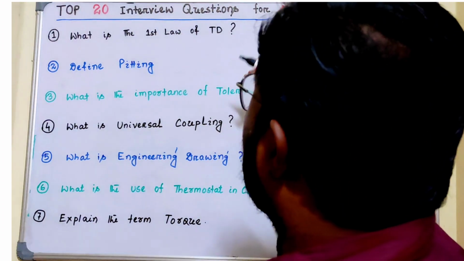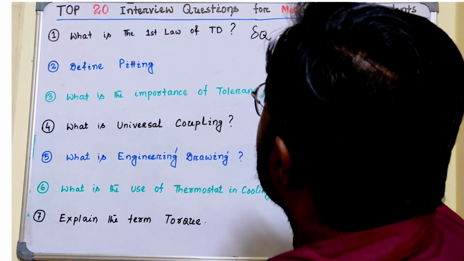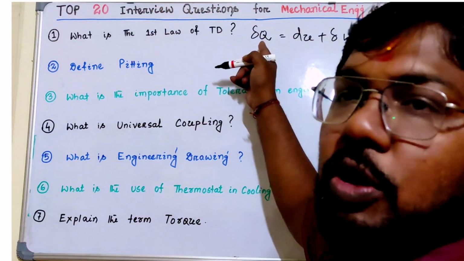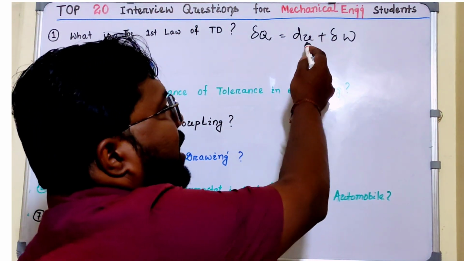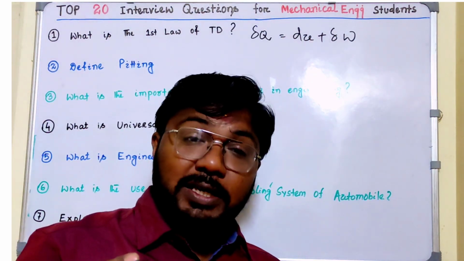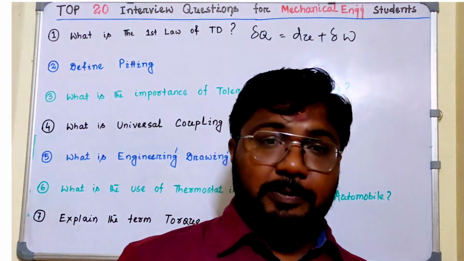In mathematical terms it is written as del Q equals dU plus del W. The amount of heat transfer equals the change in internal energy of a system plus the work done by a system.